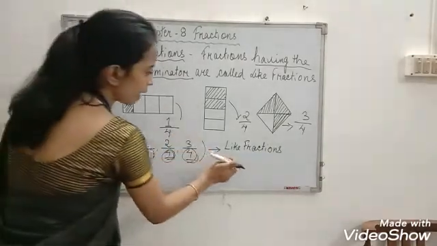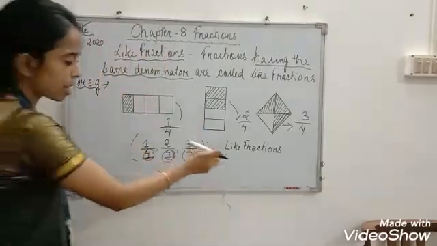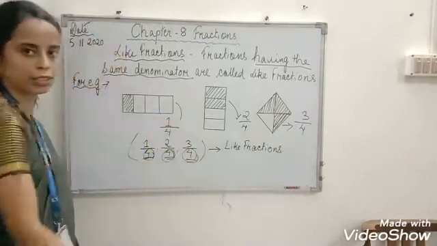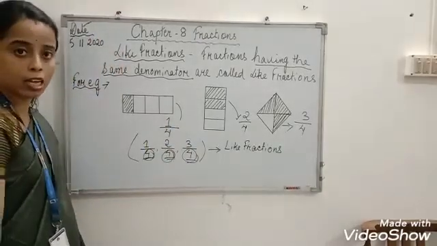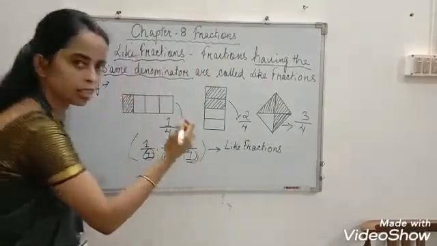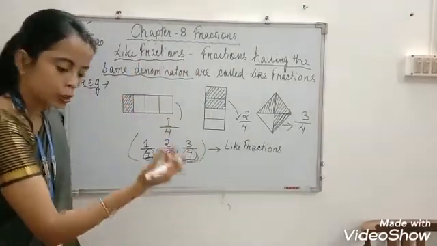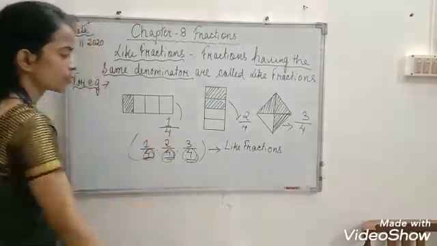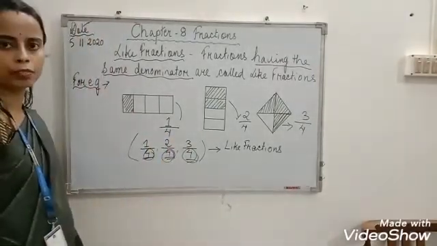To compare like fractions, we have to compare only the numerators, because in like fractions the denominators are same. So we have to compare the numerator.